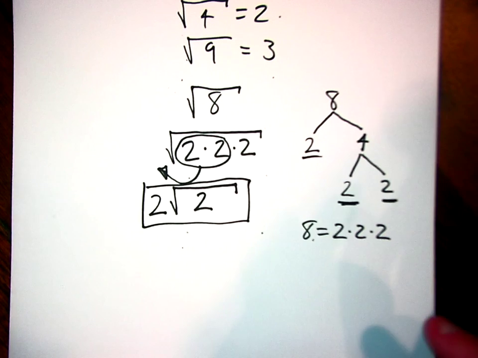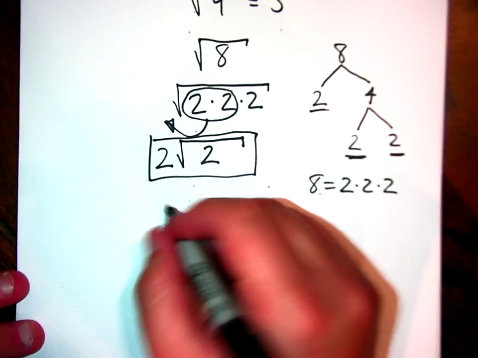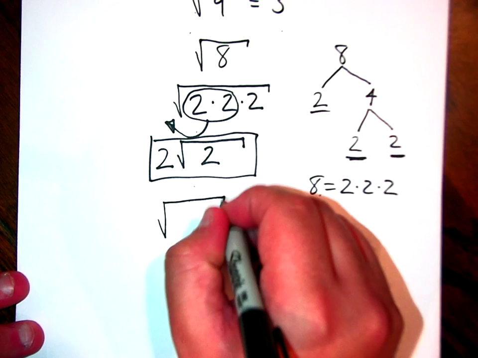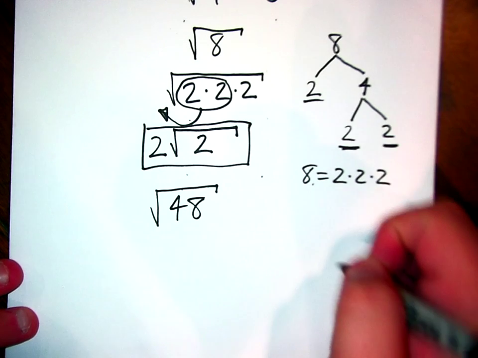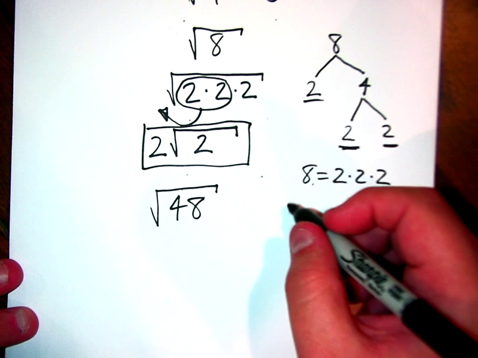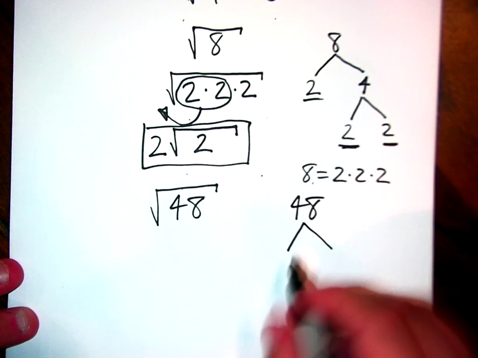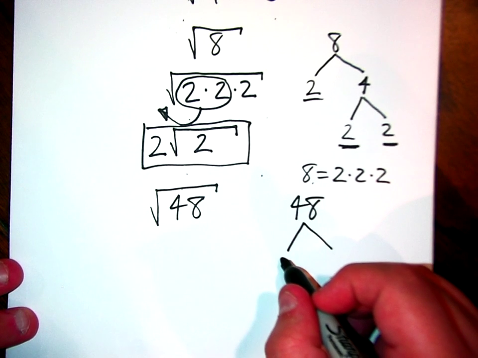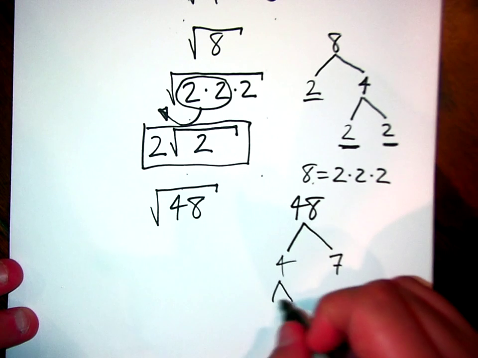Okay? So let's take a look at another example. What if we had the square root of 48? Well, I know that 48 has a prime factorization of 4 and 7, 2 and 2.